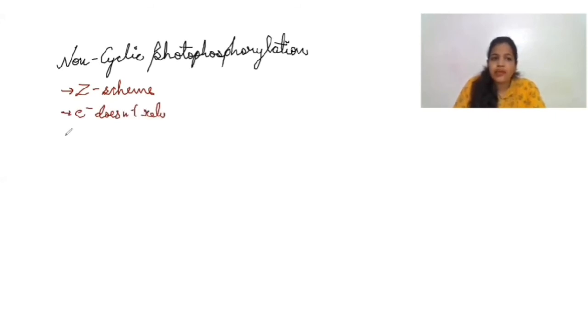Next point. Coming to the types of photosystems which are active in this kind of photophosphorylation, both types of photosystems are active. Both PS1 and PS2 are present in this kind of photophosphorylation.